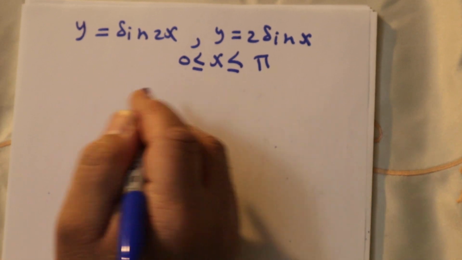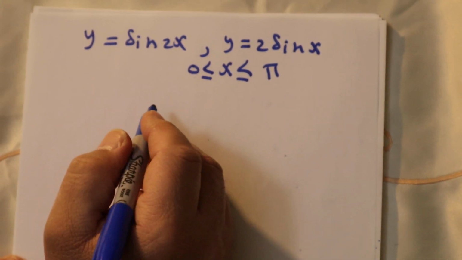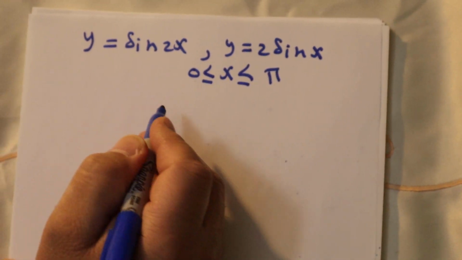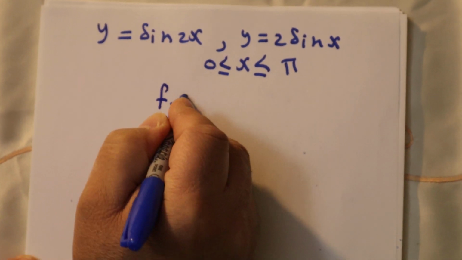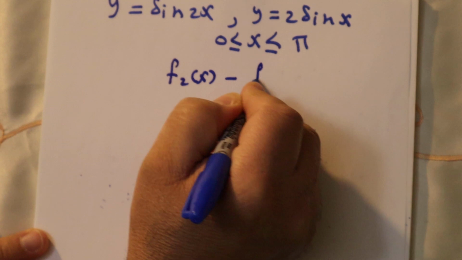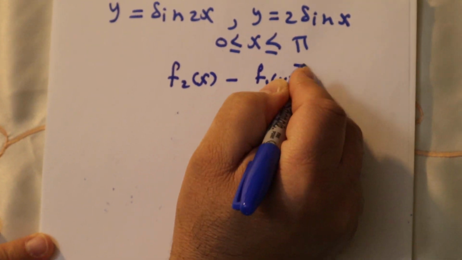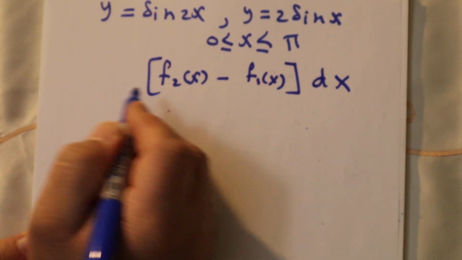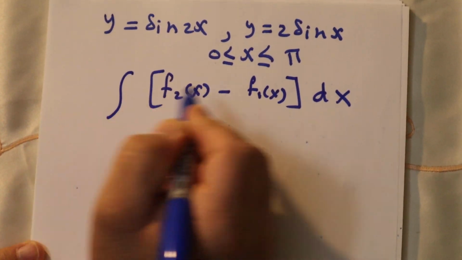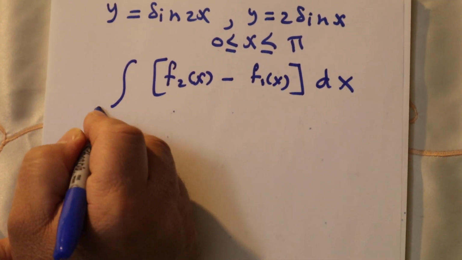Let's do it. You can apply the definite integral form, and it will be the second function minus the first function. We integrate with respect to x as it's given, and our bounds will be from 0 to pi.